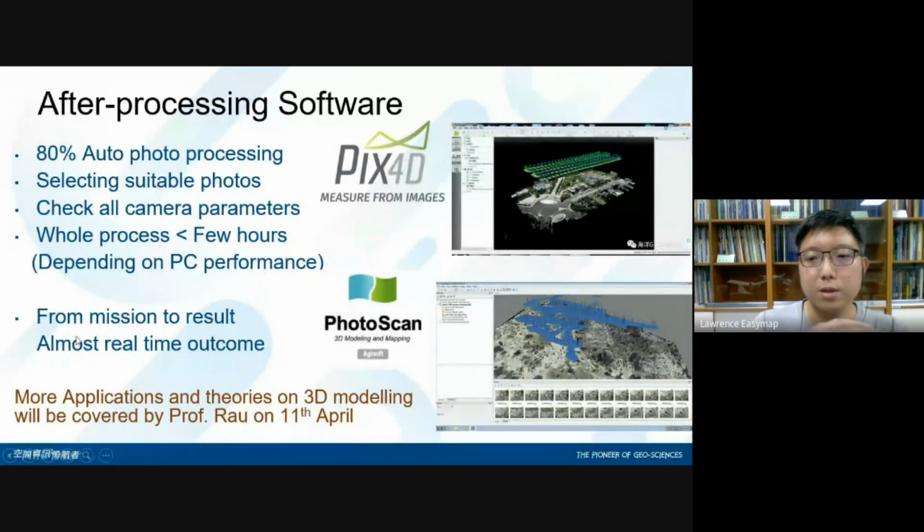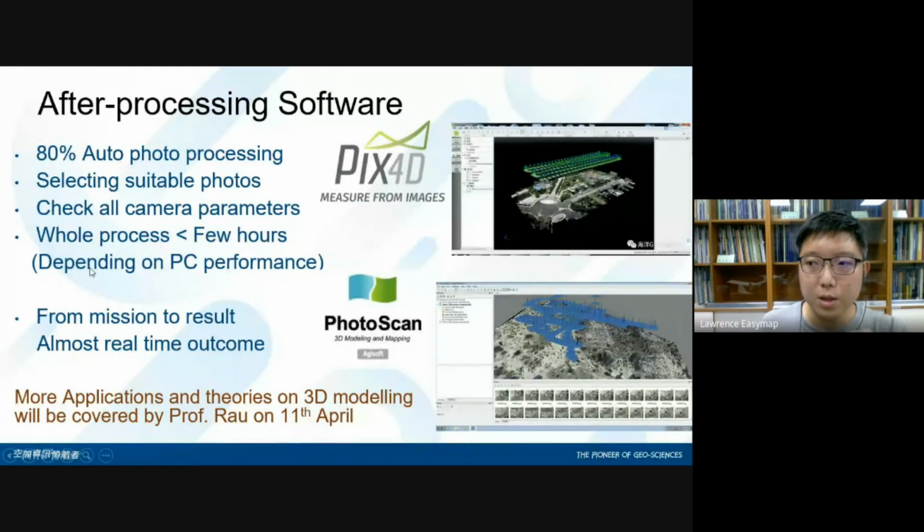It depends on the performance of your computer. If your computer is powerful enough, the mapping can be created in just a few hours or even shorter. That's why we see those results as an almost real-time outcome.